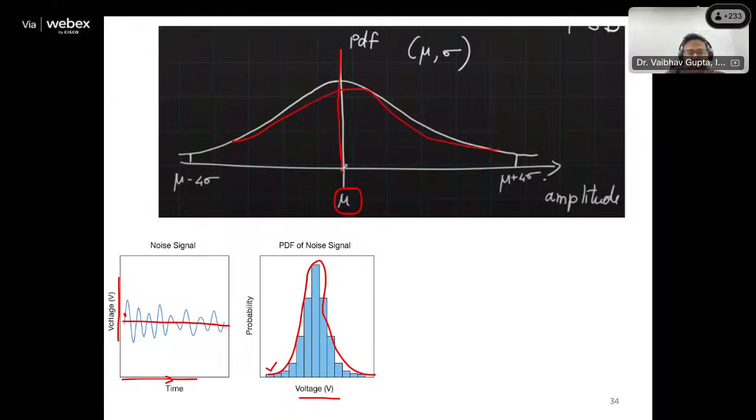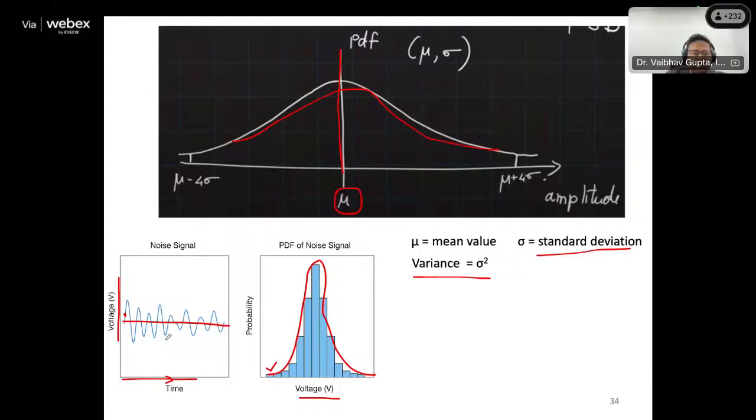It will be this value. Another important term is the standard deviation, which is denoted by sigma, and the third is the variance, which is sigma squared. So there are three important terms: mean, standard deviation, and variance.